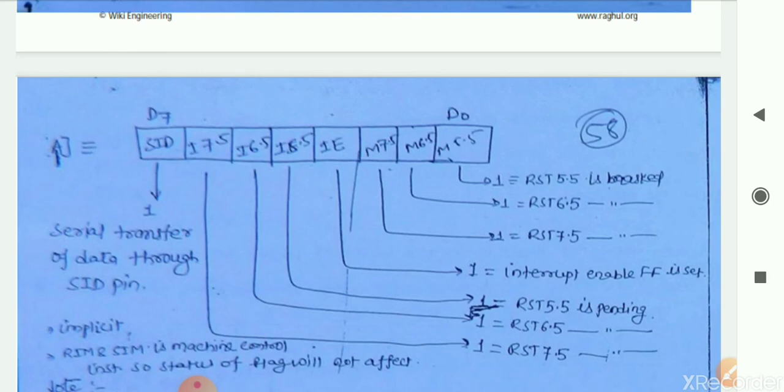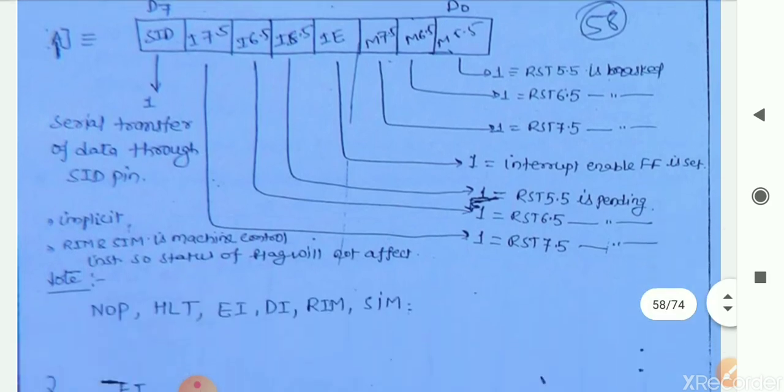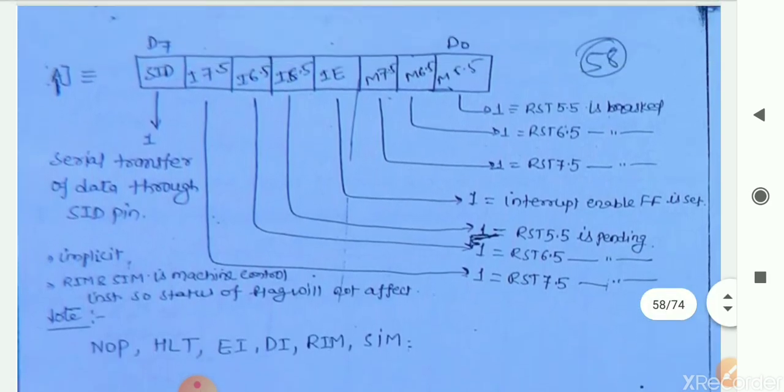Similarly, D5 is I6.5 and D6 is I7.5, so the D4, D5 and D6 bits represent the pending status of RST 5.5, 6.5 and 7.5. The last bit of the accumulator, the D7 bit, if it is 1, enables serial in of data through the SID pin. So we conclude here.